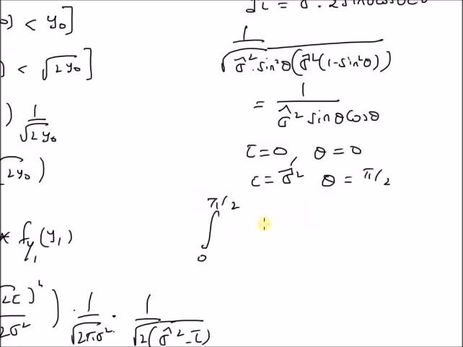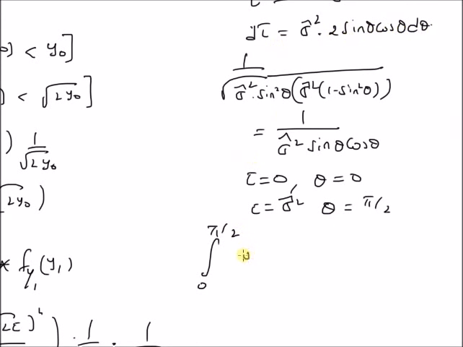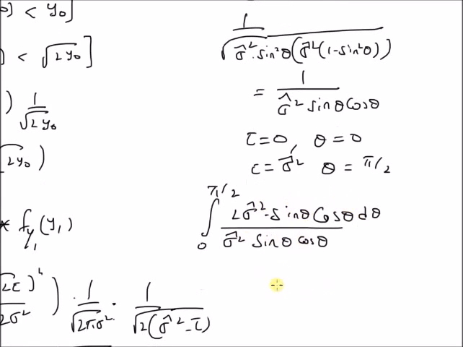The numerator is d tau, which is sigma square hat 2 sine theta cos theta d theta, and the denominator is sigma square hat sine theta cos theta. Since sine theta and cos theta cancel each other, we are left with integral 2 d theta, and the limits are 0 to pi by 2, so this integral should be equal to pi.